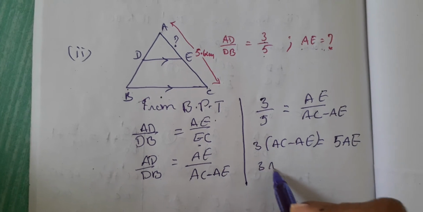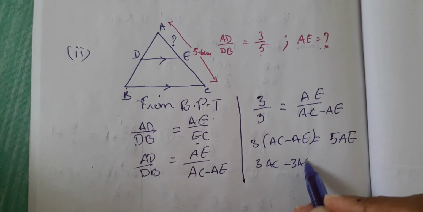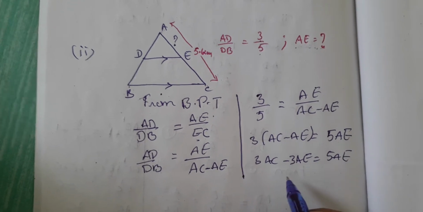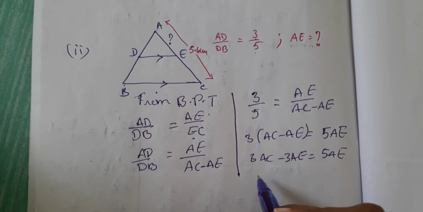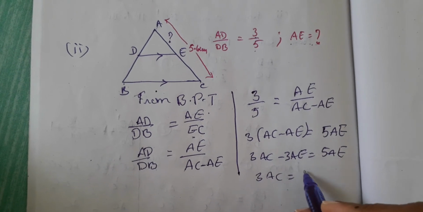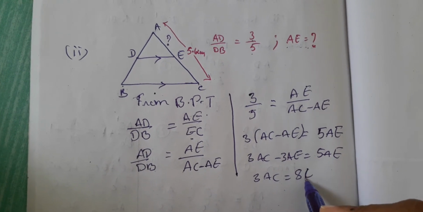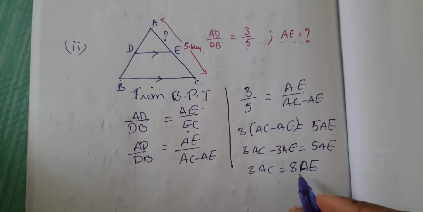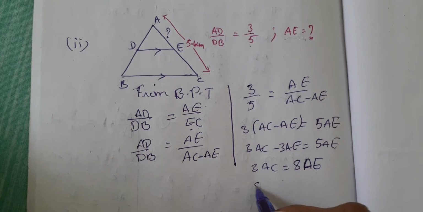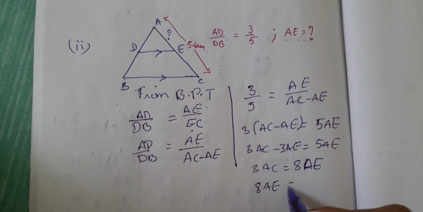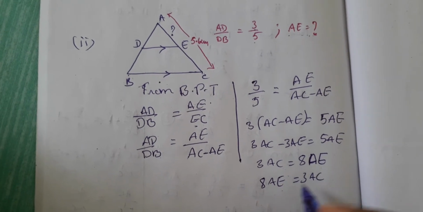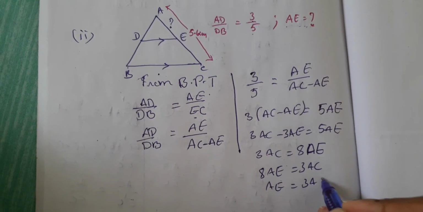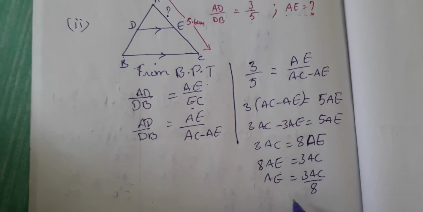So now it is 3AC minus 3AE is equal to 5AE, or 3AC is equal to 8AE. Or rather, I can write it as 8AE is equal to 3AC, no harm. Now AE is equal to 3AC by 8.